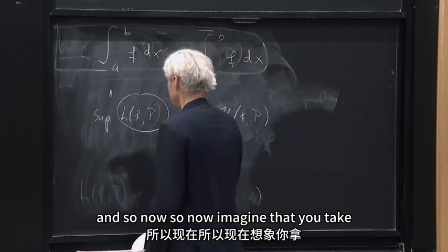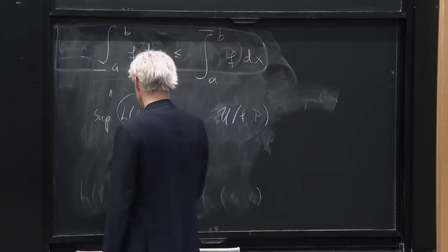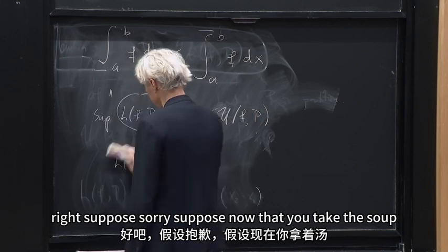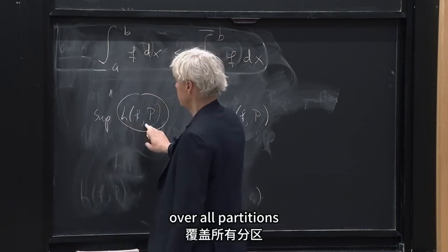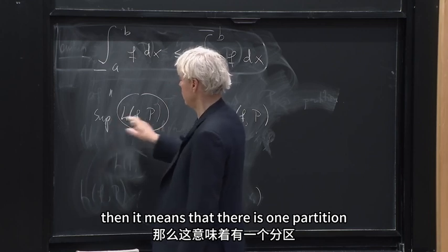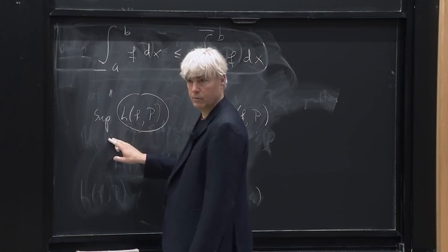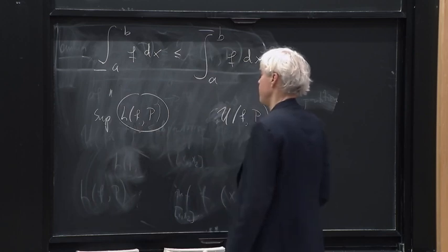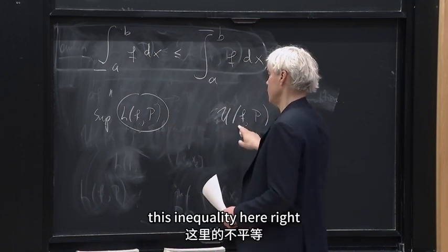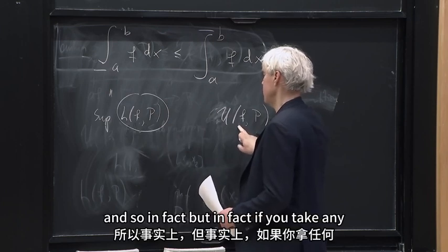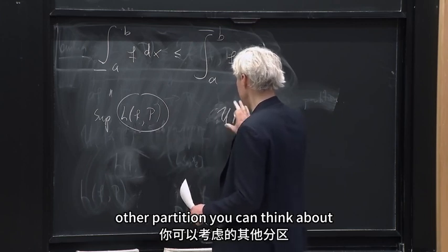Suppose you take the sup over all partitions; then there is one partition so that this value is close to the sup. But for this one you have this inequality, and in fact, if you take any other partition, you can think about it.